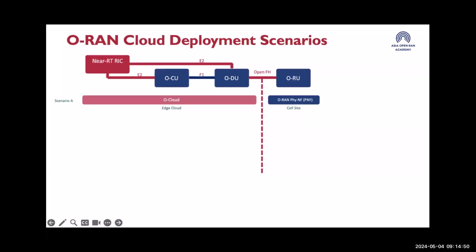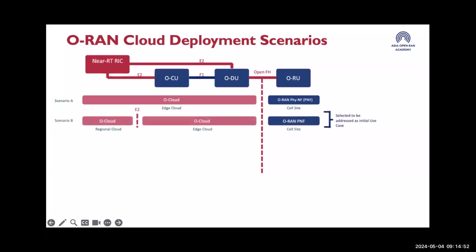In some cases, you can have the O-Cloud at the edge cloud or the regional cloud. If you're deploying at a country level, you have the O-Cloud in the regional data centers, and then you also have an O-Cloud at the edge cloud for every region, or for every province.